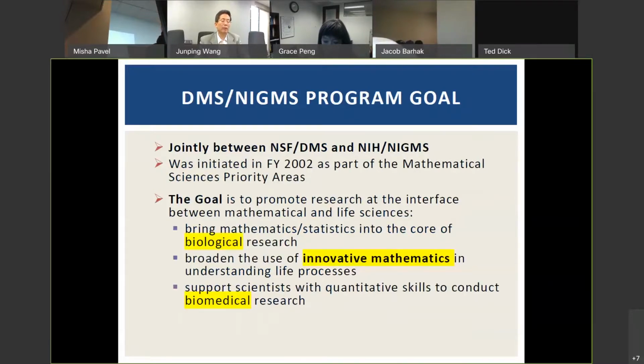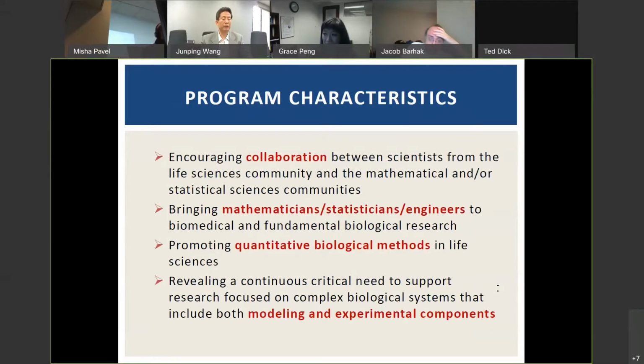The second program is our collaboration with NIGMS, which started in fiscal year 2002, and the goal is to promote research at the interface between math and life sciences. The Bio Directorate at the National Science Foundation supports research in basic biological sciences, but with our collaboration with NIGMS, we also support research in biomedical areas.